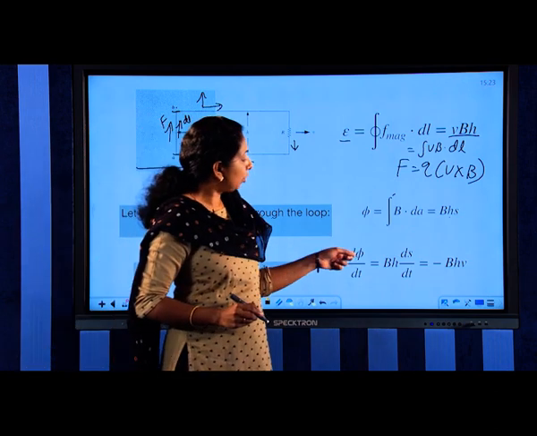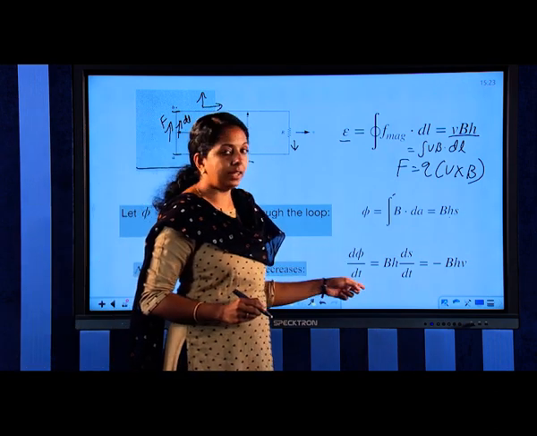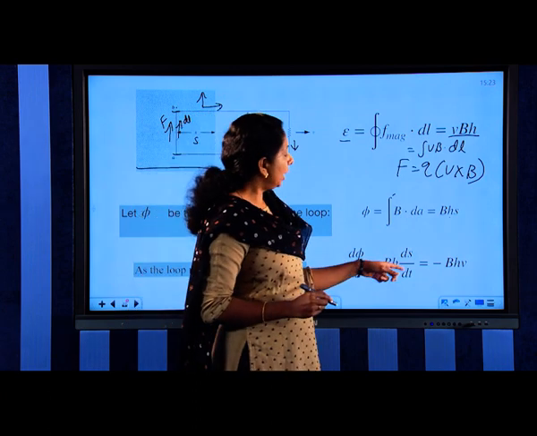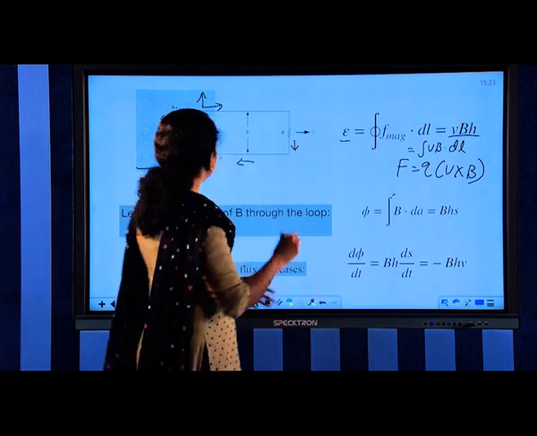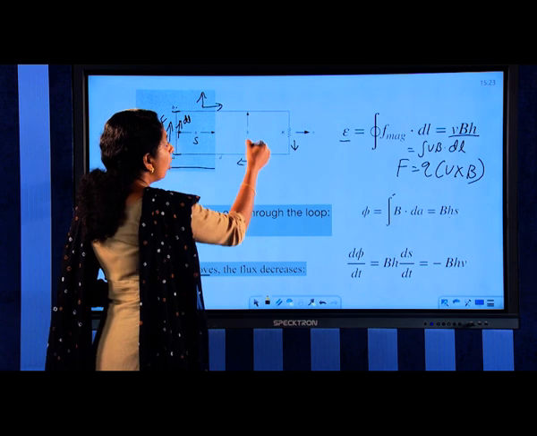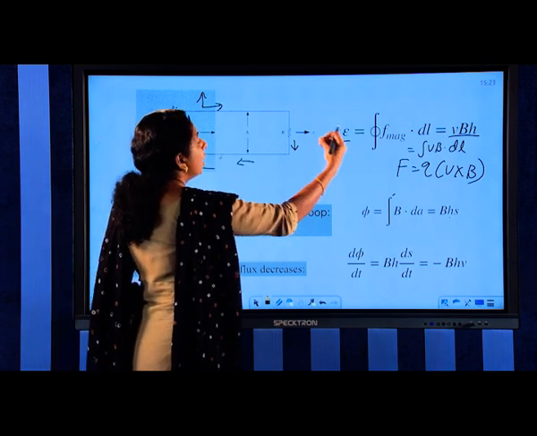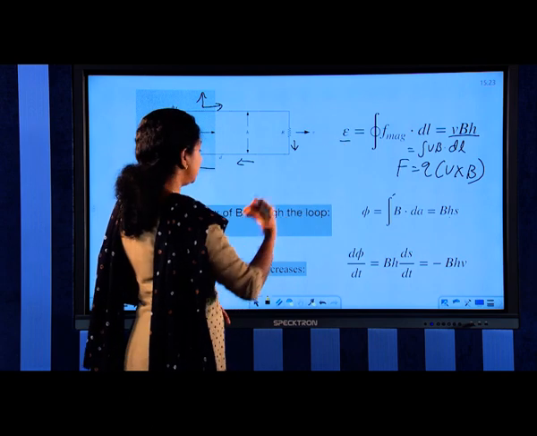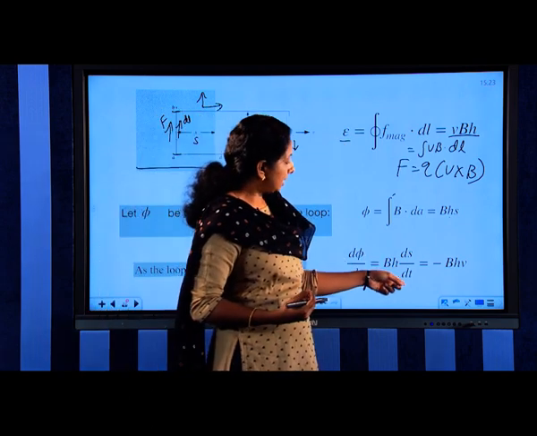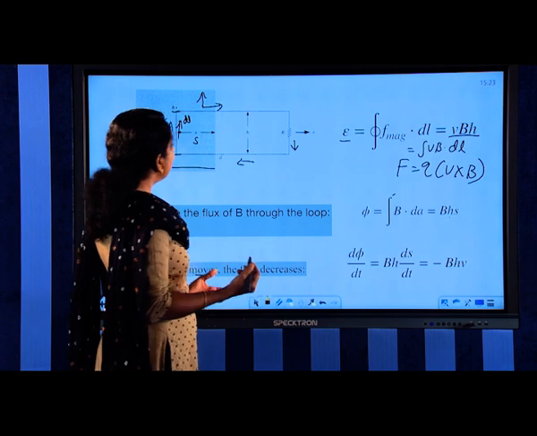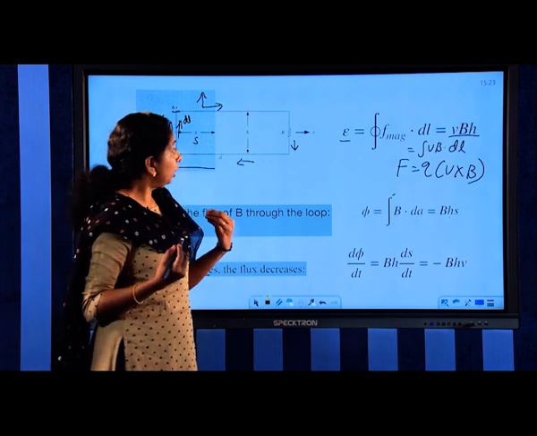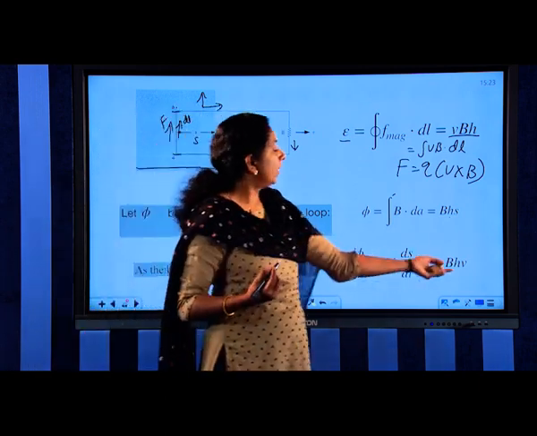So the rate of change of flux, that is d phi by dt, is equal to Bh into ds by dt. Here we have not differentiated h because h is always constant, but this length is changing when we move the loop to the right with some velocity. So Bh into ds by dt. So ds by dt is the rate of change of distance, that is velocity.